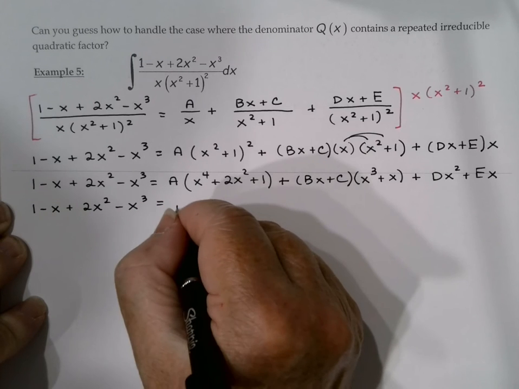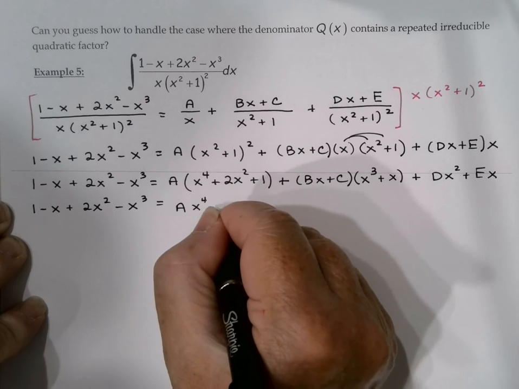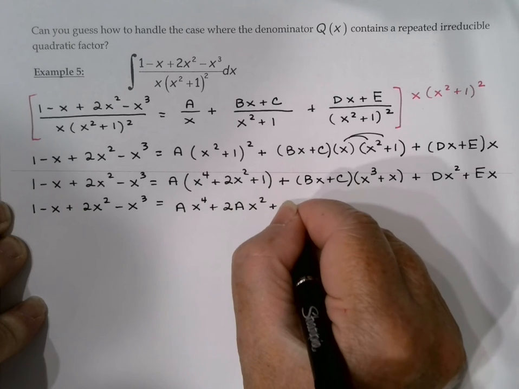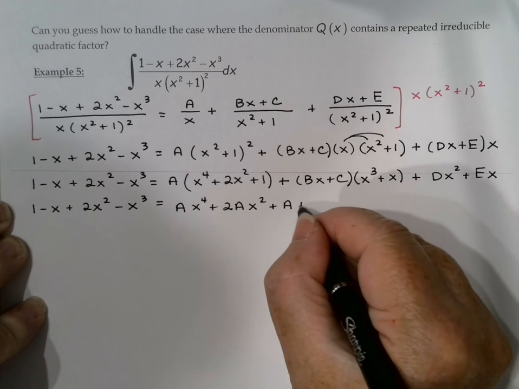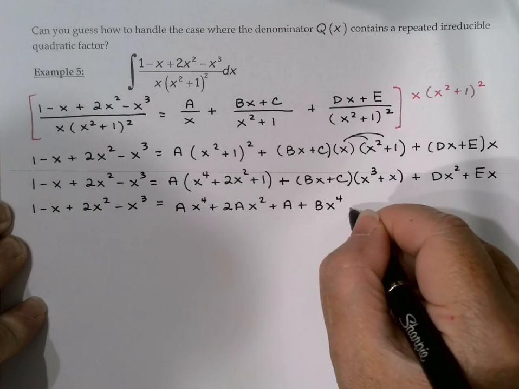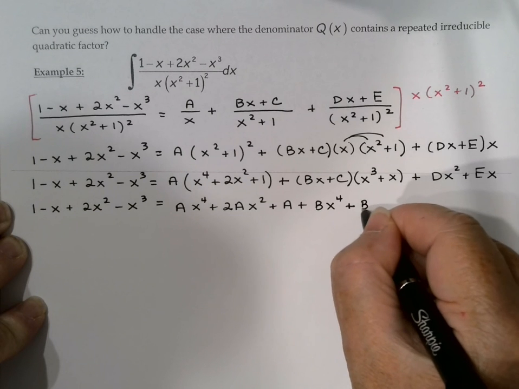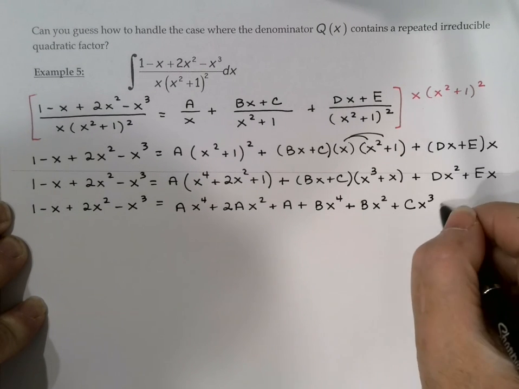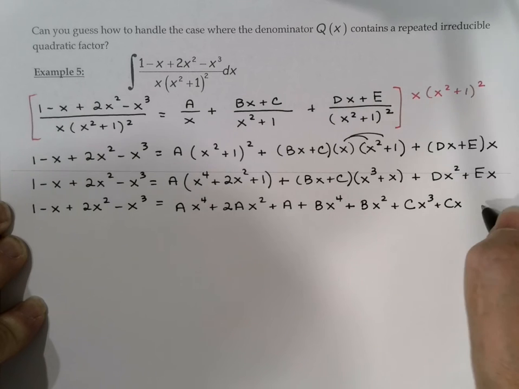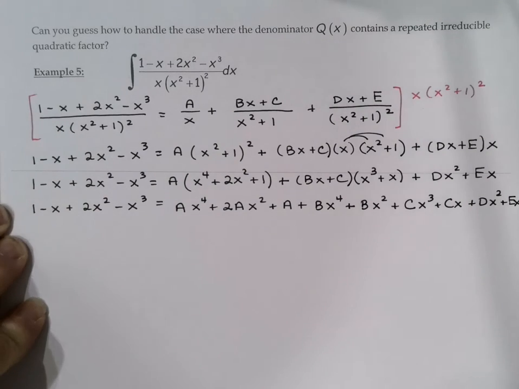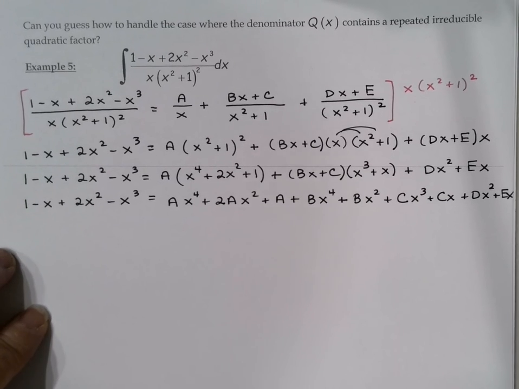So this becomes Ax to the 4th plus 2Ax squared plus A, little FOIL here, Bx to the 4th plus Bx squared plus Cx cubed plus Cx plus the Dx squared plus Ex. Just barely squeezing that in at the end.